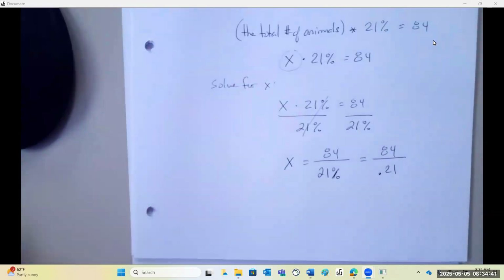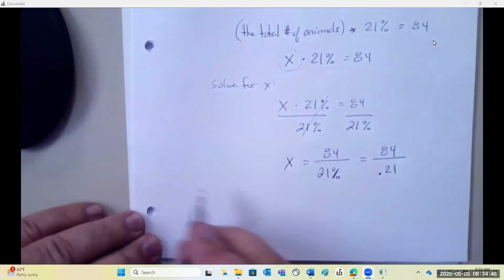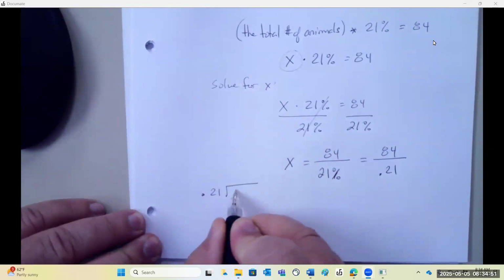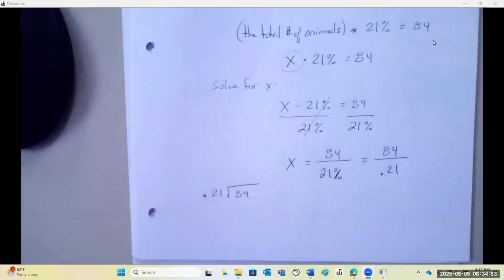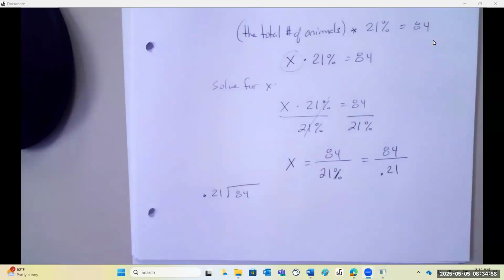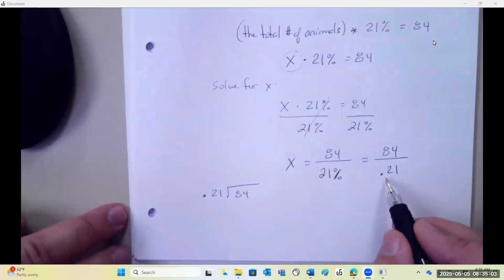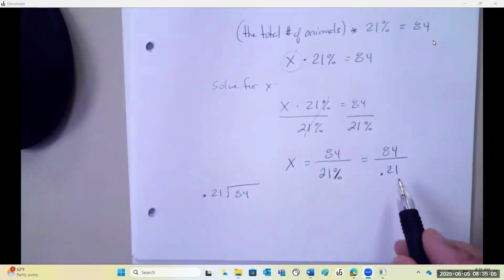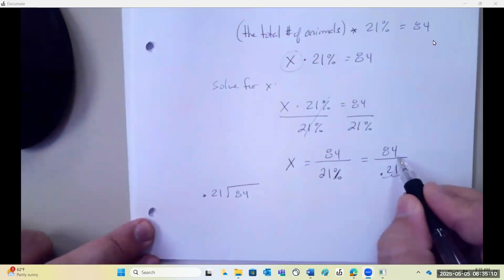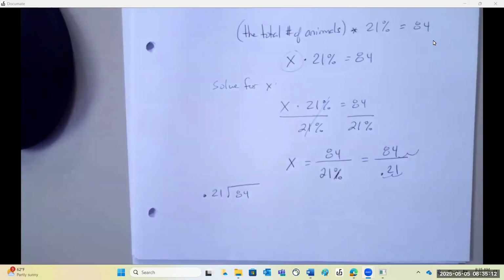Very good. So now we have our division. What's our rule about dividing by decimals? Get rid of all the decimals on the bottom. So we have to move them both 2 spaces because we're multiplying by 100 top and bottom.